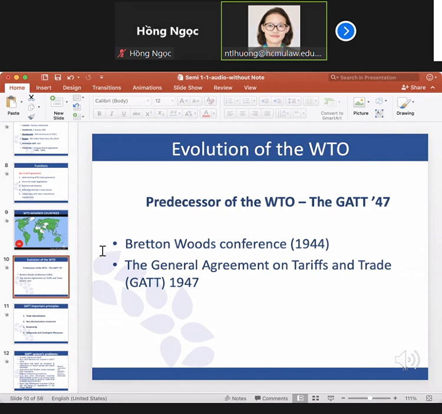And as I have mentioned, the GATT Agreement functioned for about 47 years after it was born in 1947, and GATT tried to organize negotiations without a formal organizational framework.